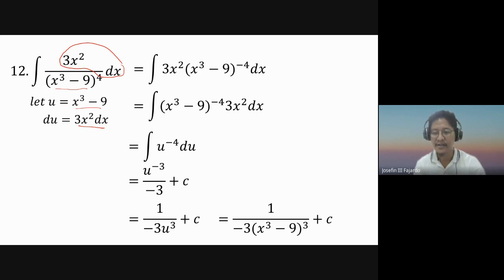And please do that within an hour. And the next meeting we'll proceed with the next topic, trigonometric functions na tayo. Kung walang tanong, pwede na tayong mag-dismiss.